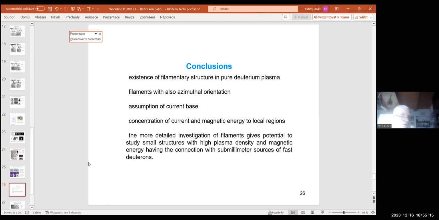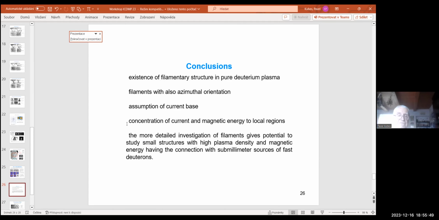So, the conclusion of my lecture. We see existence of filamentary structure in pure deuterium plasma. Filaments can have not only axial direction, but also azimuthal direction. We can give an assumption about current base, about this origin.